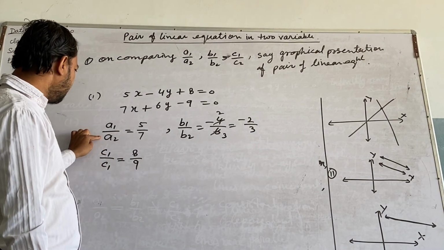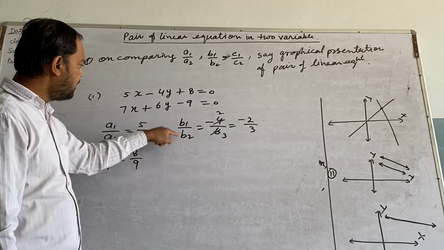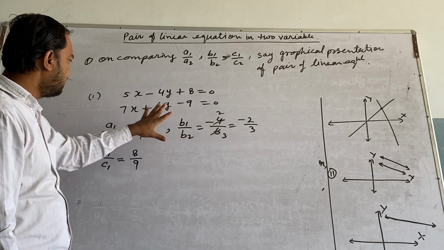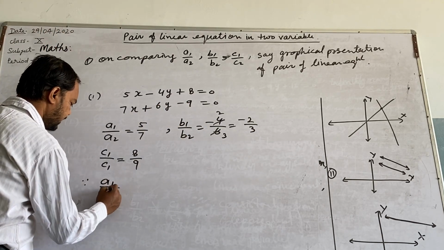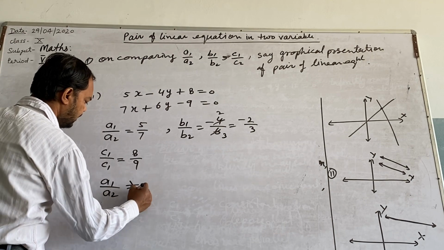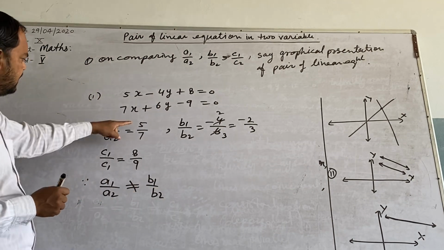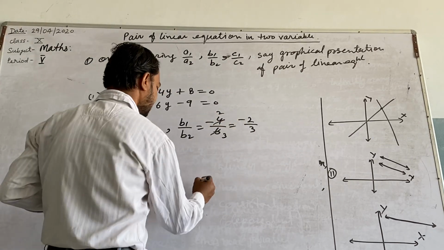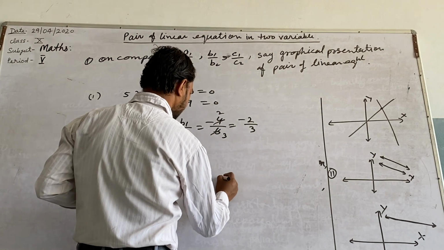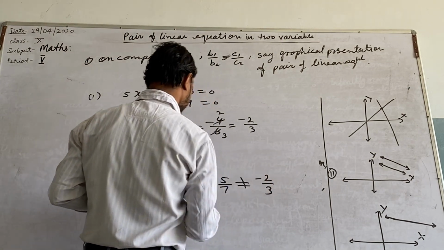Now observe here: A1 upon A2 is not equal to B1 upon B2. Obviously it is 5 upon 7 and minus 2 upon 3, so we can write 5 upon 7 is not equal to minus 2 upon 3, right?